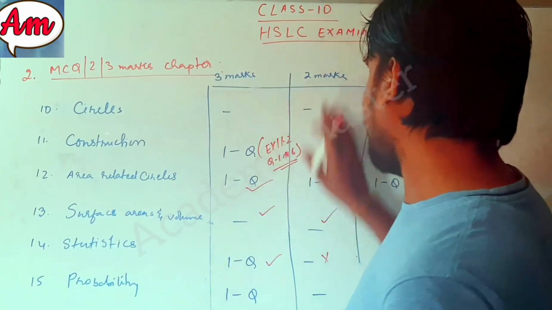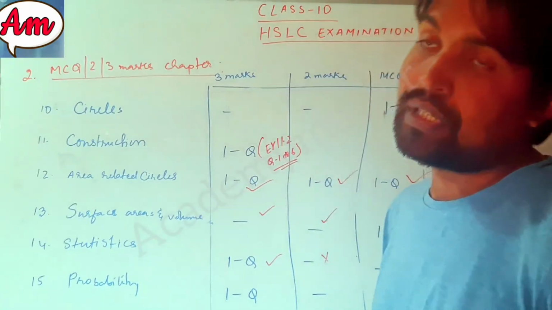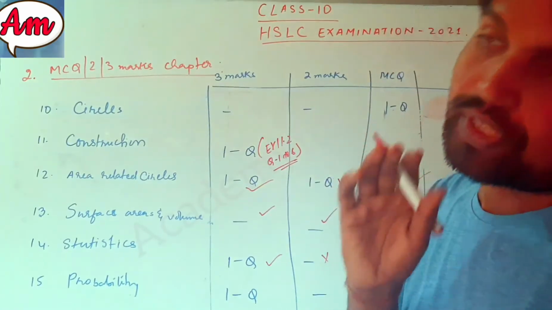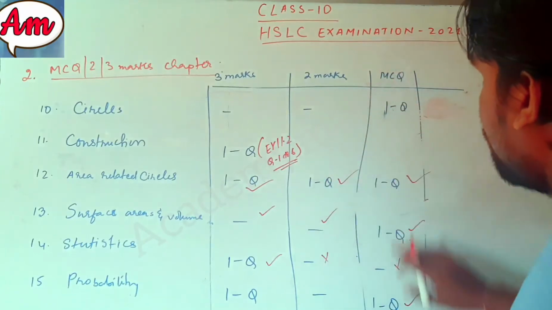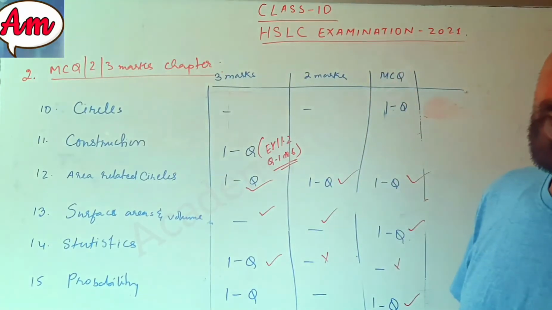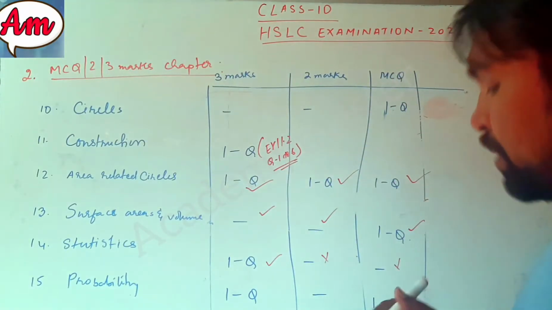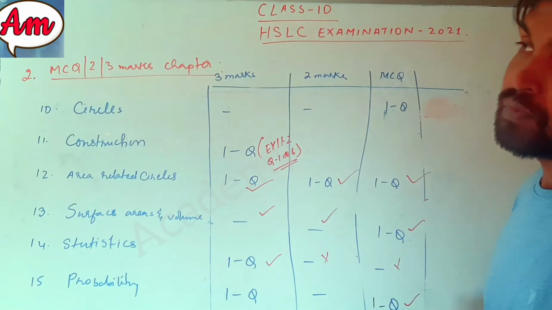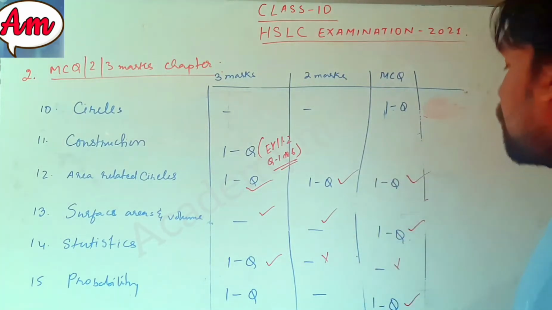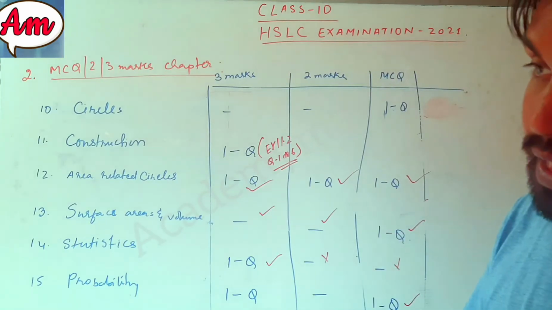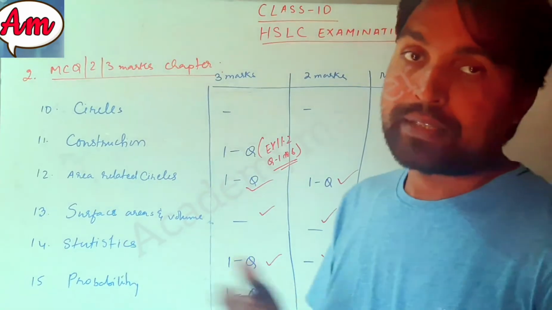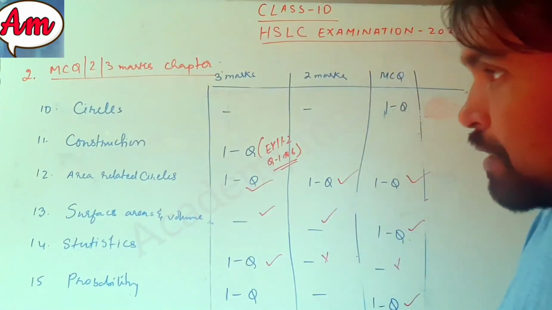In the 2 mark section you will get 5 questions, so total marks is 10, and MCQs will carry 10 marks. So dear students, here MCQ becomes very very important. Whichever chapters I said MCQ will be asked, you study the MCQ of those chapters. It is given in the book, the answer is also given at the back, so study it properly.